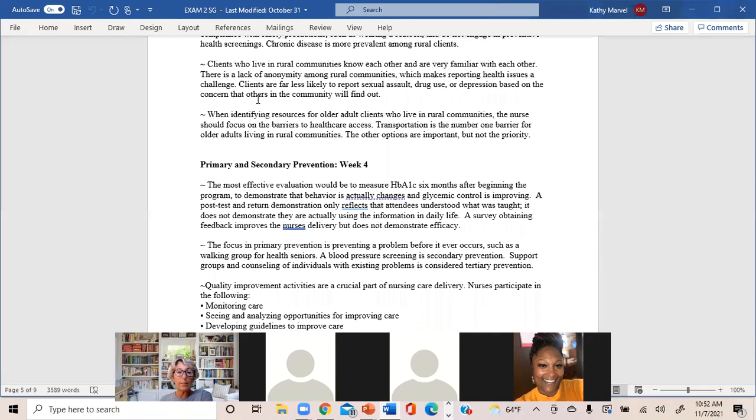They're worried that everybody's going to find out. That's an important fact about rural communities. And then we talk about resources for our older adults that live in rural communities. Lots of barriers. Transportation is the number one barrier for older adults living in rural communities.